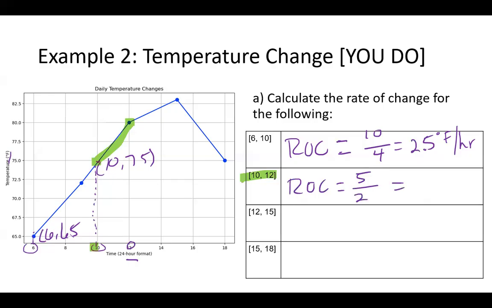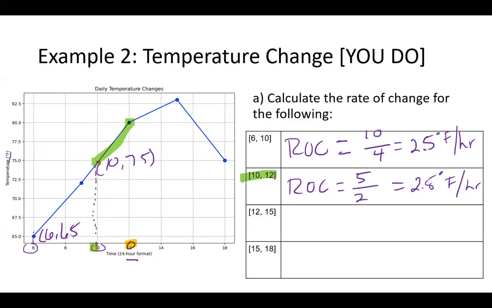And again, that makes my rate of change also 2.5 degrees Fahrenheit per hour. So every hour, my temperature is increasing on average by 2.5 degrees, right? On that interval.